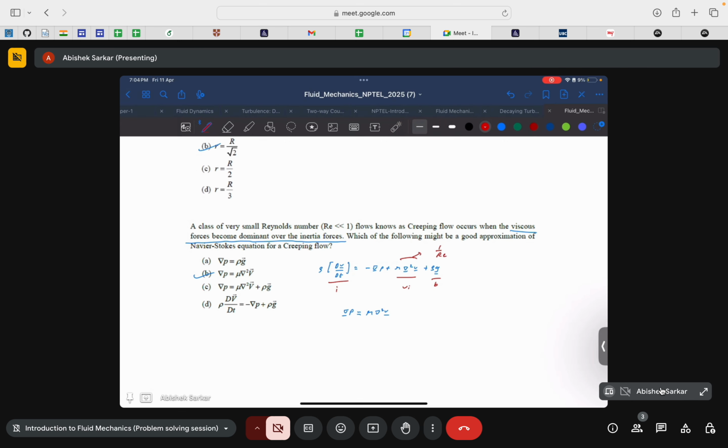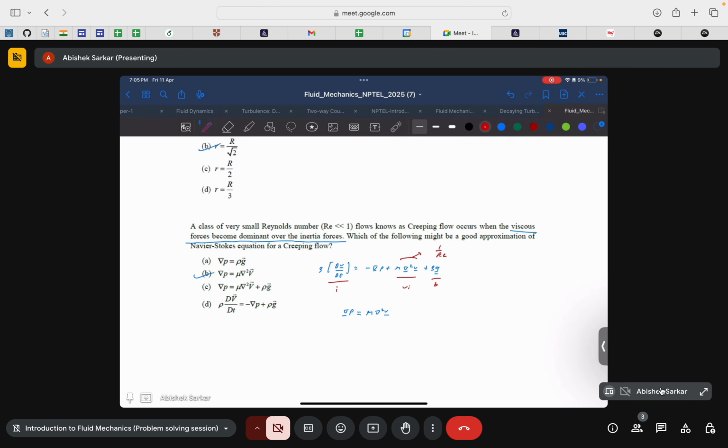So when you do that, if Re is much less than 1, then this term dominates over both the inertia term and the body force term, and that's why this has to be balanced by the pressure. That's why this would be equal to this term, or if you take it to the left hand side, then del P is equal to mu del square V.